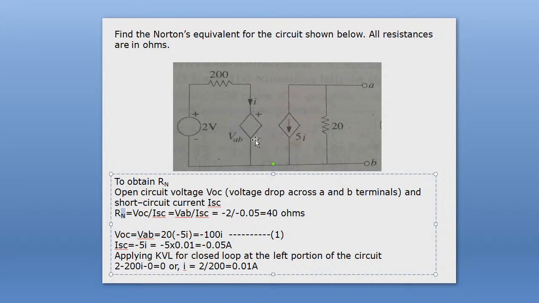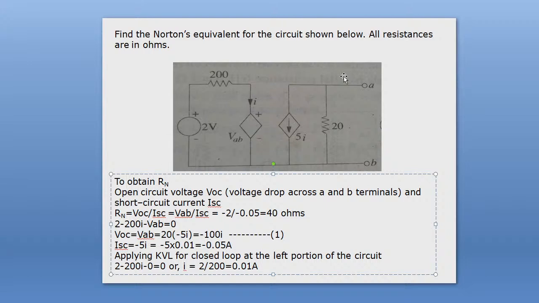Now you can write 2 minus 200 I minus VAB equal to 0. If you apply KVL when it is open, then you write this. Let me write here: 2 volt minus 200 I minus VAB equal to 0.